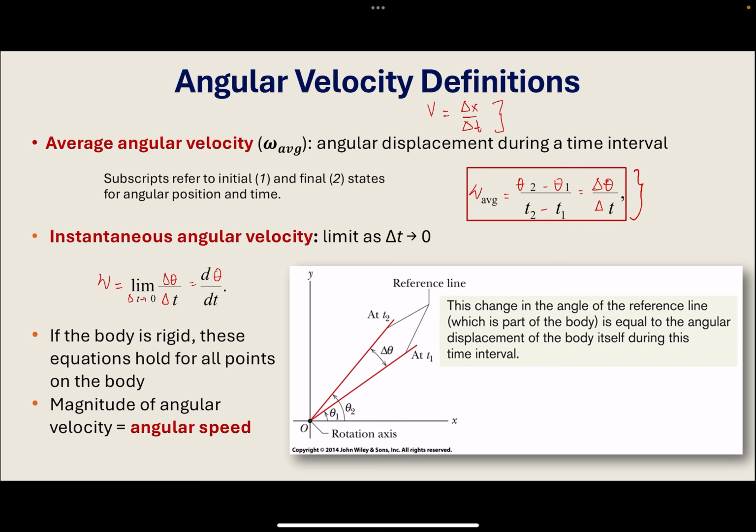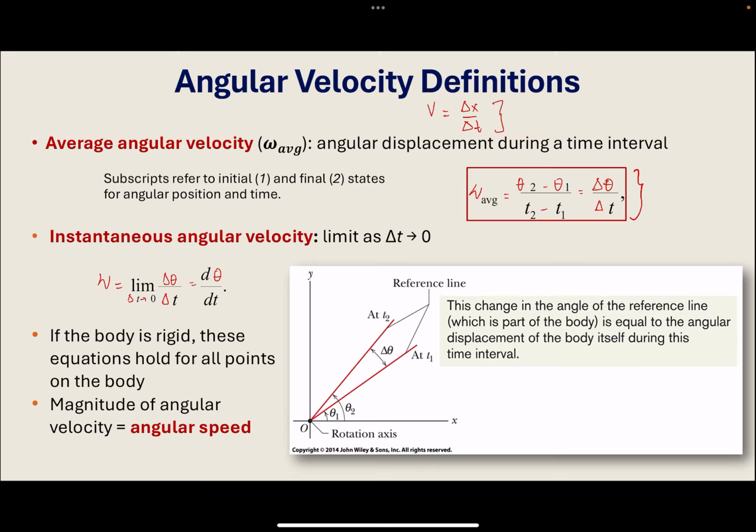For example, if a fan rotates through 10 radians in 2 seconds, its average angular velocity is 5 radians per second. To find the velocity at a specific instant, not an average, we take the limit as delta t approaches 0. That gives us the instantaneous angular velocity.